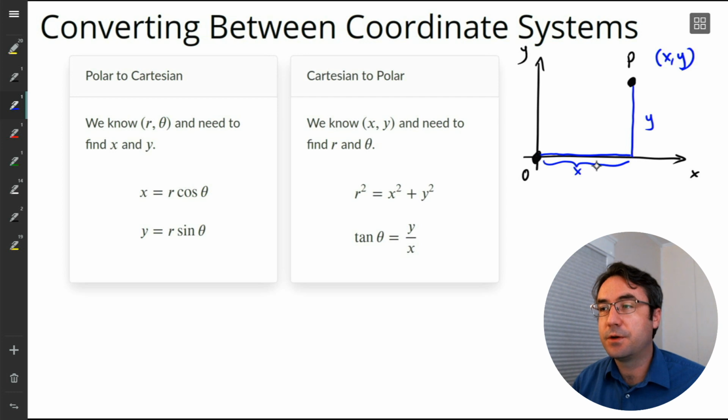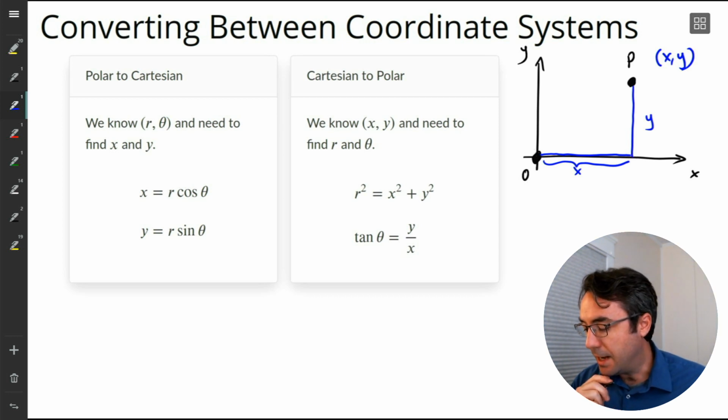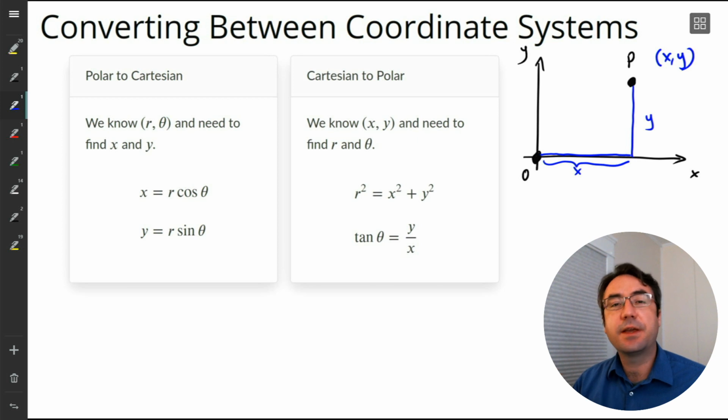X gives us the horizontal distance from the origin to point P, and then y gives us the vertical distance, technically directed distance. So there's some direction here, but in this case, y is just the distance from point P down to the x-axis.